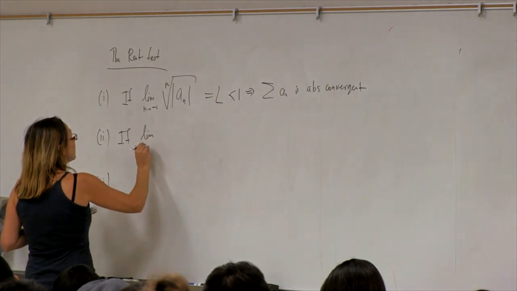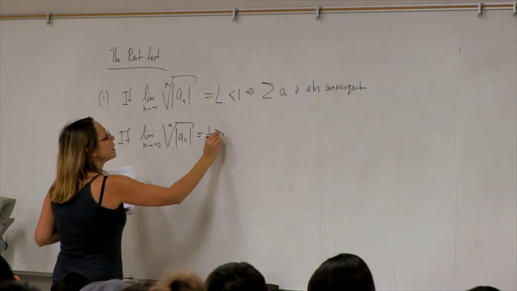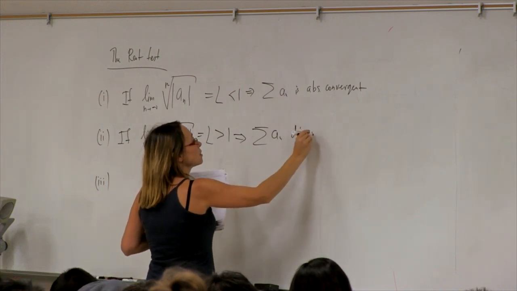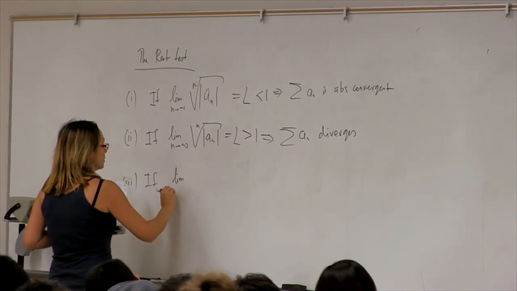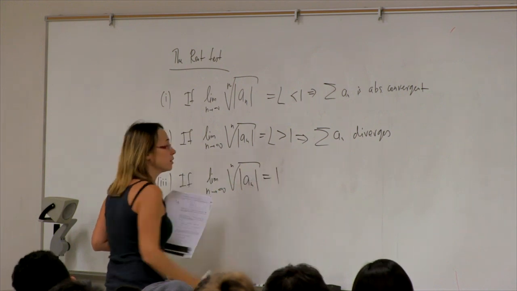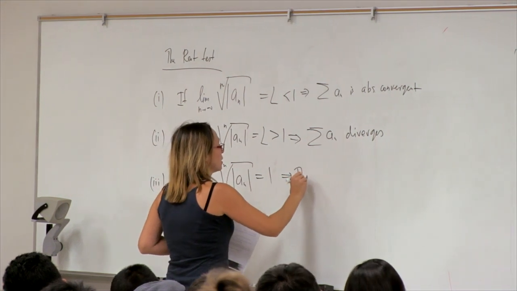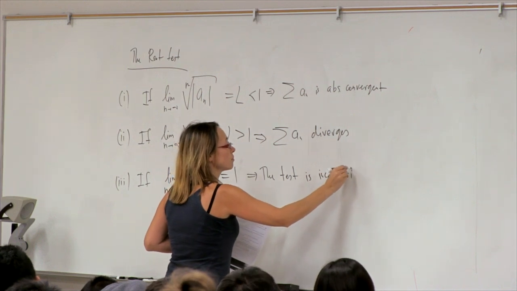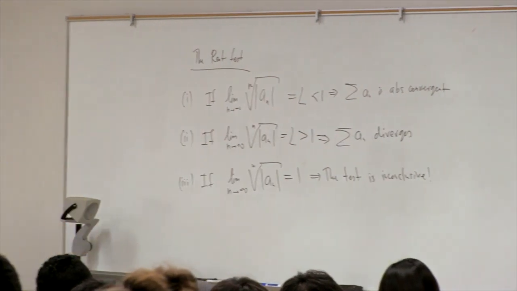If this guy is greater than 1, then the series diverges. And finally, if this is equal to 1, this is the last case, the test is inconclusive. Okay? So very similar pattern that we observe here.